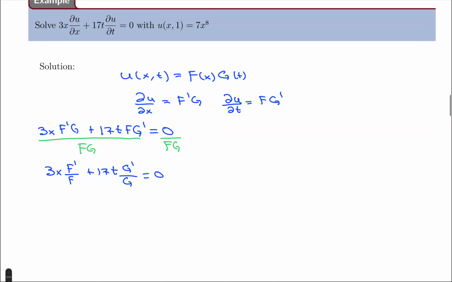In order to separate the variables, I'm going to move the g term to the right hand side. That leaves us with 3x f prime over f equals negative 17t g prime over g.